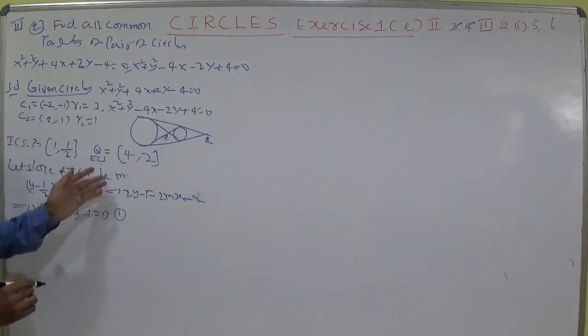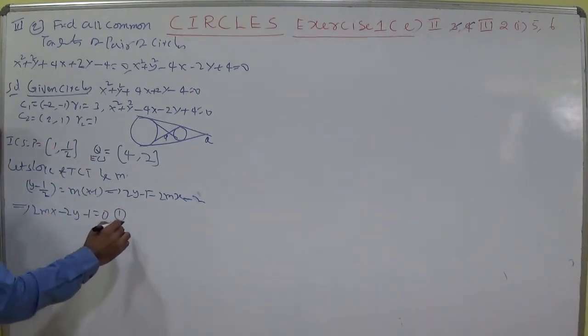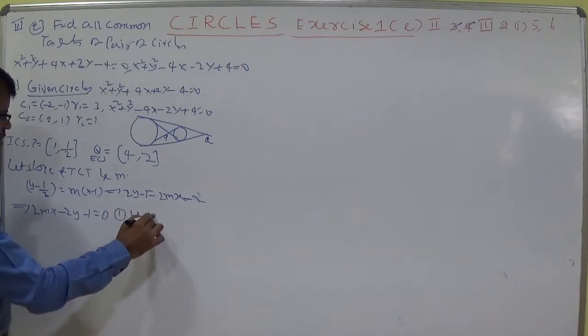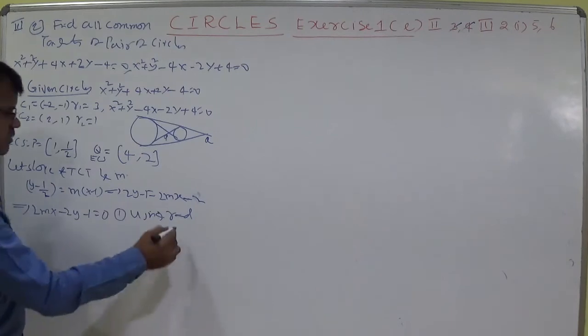Let us finish this one. After completion of ICS, we can write ECS. Using R is equal to D for the first circle, because TCT is a tangent of the first circle.